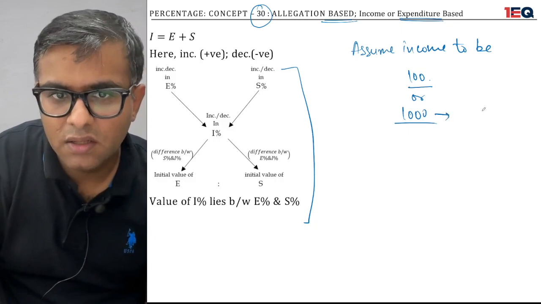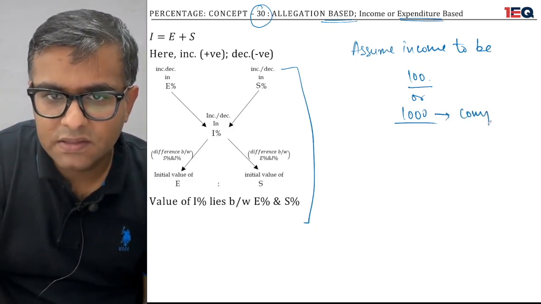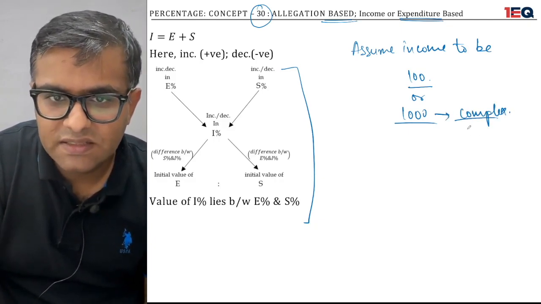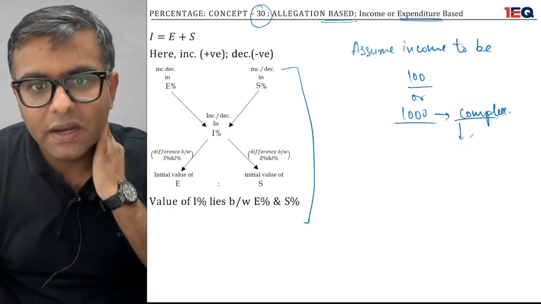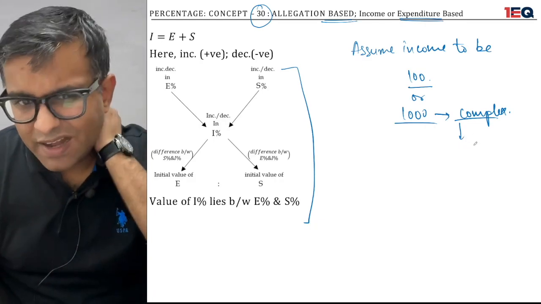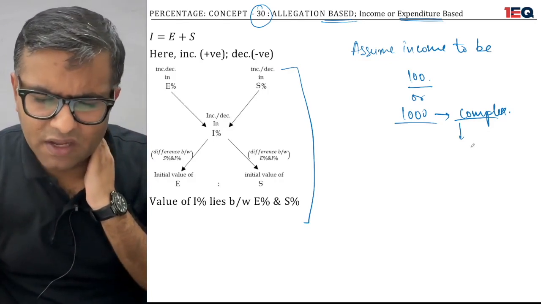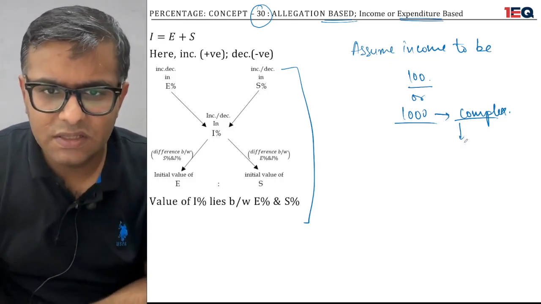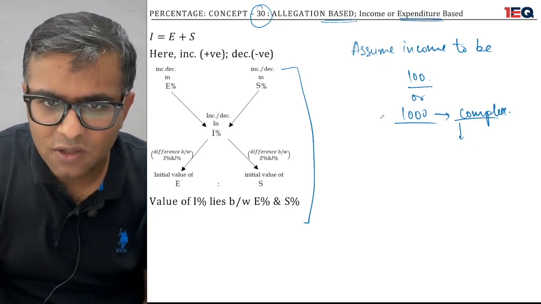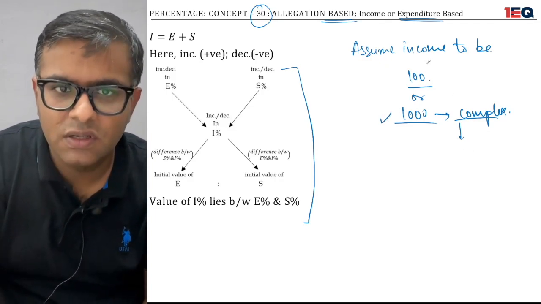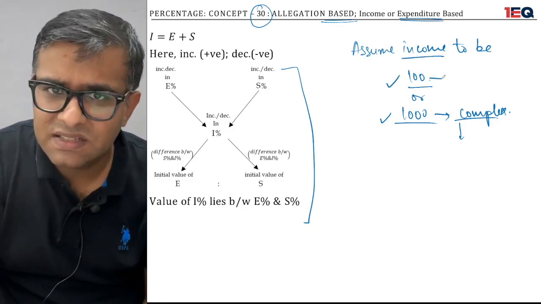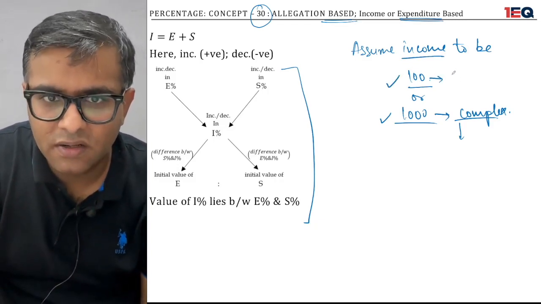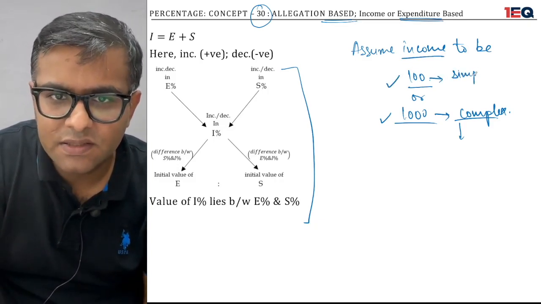Use 1000 in cases that seem complex, meaning very complicated percentages are given, like 19.75 or 18.5. Those are easily solvable if you assume the income to be 1000, and income can be assumed to be 100 in simpler questions.